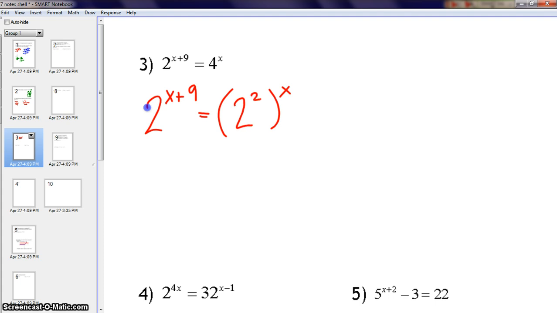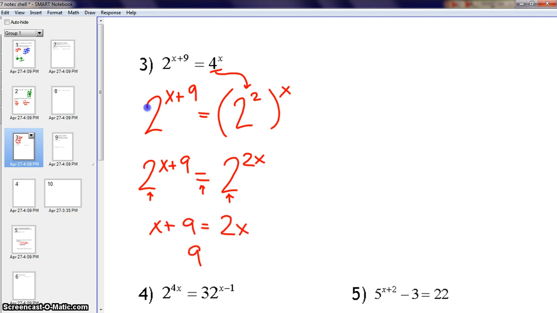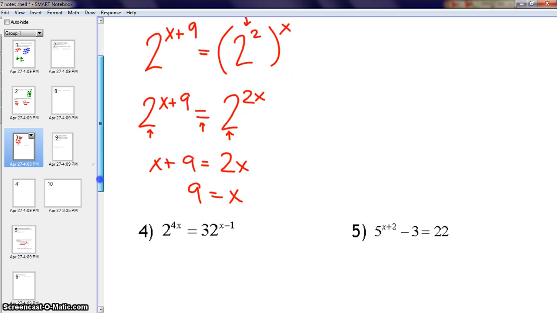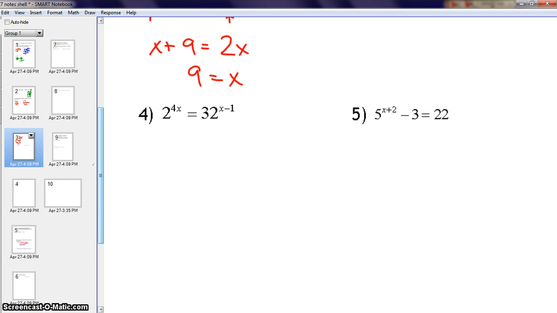So we just replaced this 4 with 2 squared. Now we'll use properties of exponents on the right. A power to a power means I multiply. And we have the all-powerful equal sign. These already are equal, so the exponents have to be equal. So this would mean that x is 9. Okay, feel like you get that? If not, go back and watch it one more time. Make sure I'm not going too fast for you.